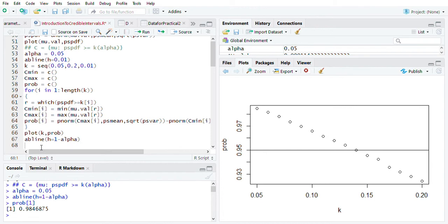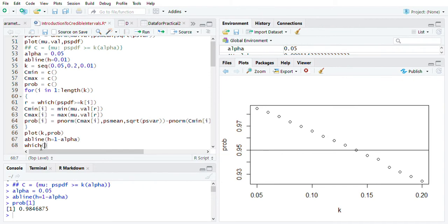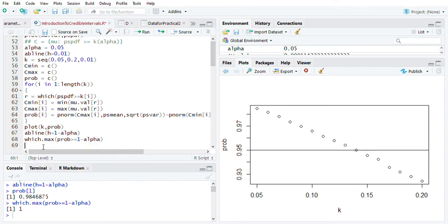Let us try to find this point here using R. Which probability is greater than or equal to 1 minus alpha?